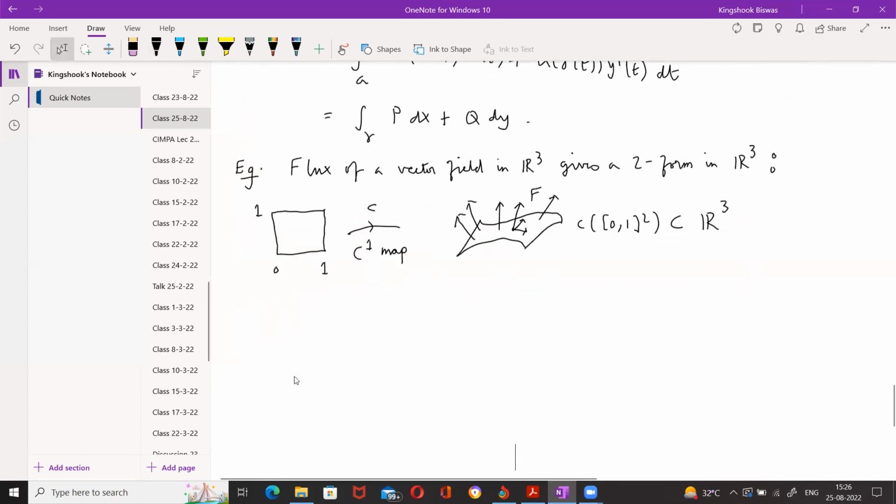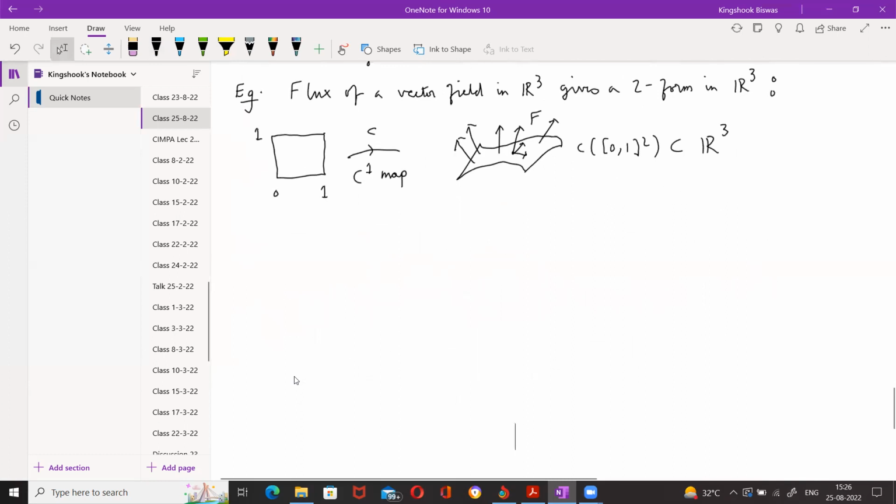So this will give me a 2 form, omega equal to omega sub F. So omega at a point P acting on a pair of vectors V comma W is going to be F at P dot product with V cross W.